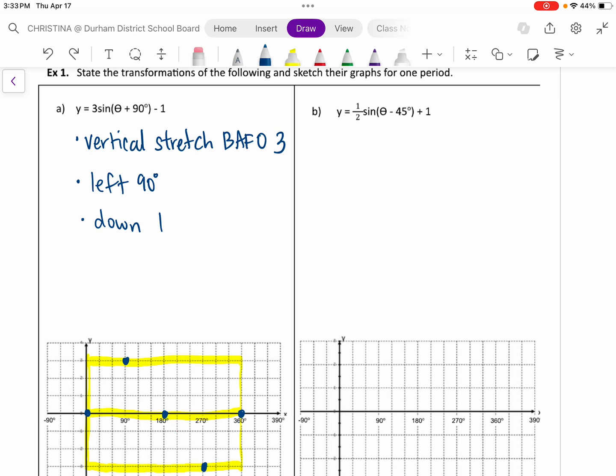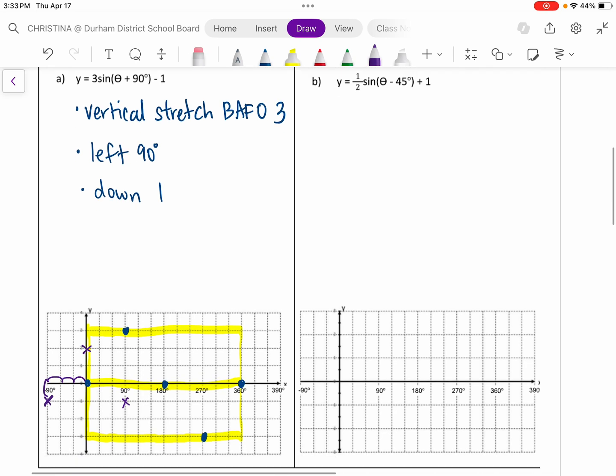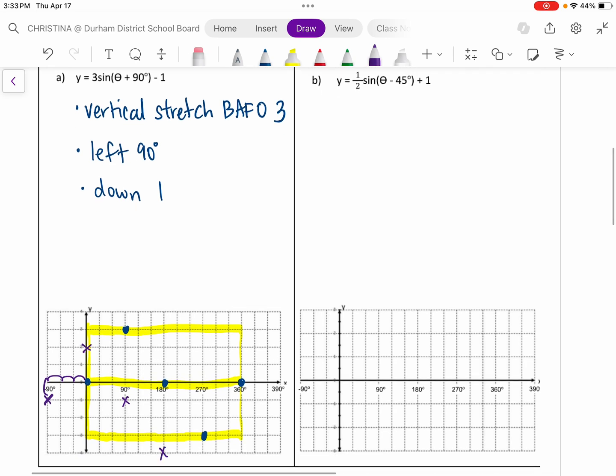Okay, so I'm going to move each point now left 90 degrees and down 1 to get my new proper graph. So left 90, if you look at the scale, it's going to be 3 boxes, and then down 1. So I'm going to move over to 90 and then down 1. So here's my new dot. Each dot I'm going to move left 90 degrees, down 1, and then I'm going to use my little X's to create my new graph.